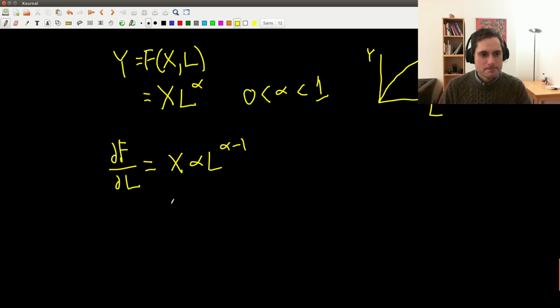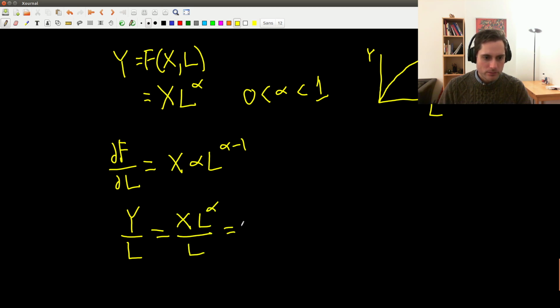Now let's think about the amount of production per worker. This is what I should have done first. How much output do we have per worker in this economy? Well, that's just x L to the alpha divided by L, which equals x times L to the power alpha minus 1.